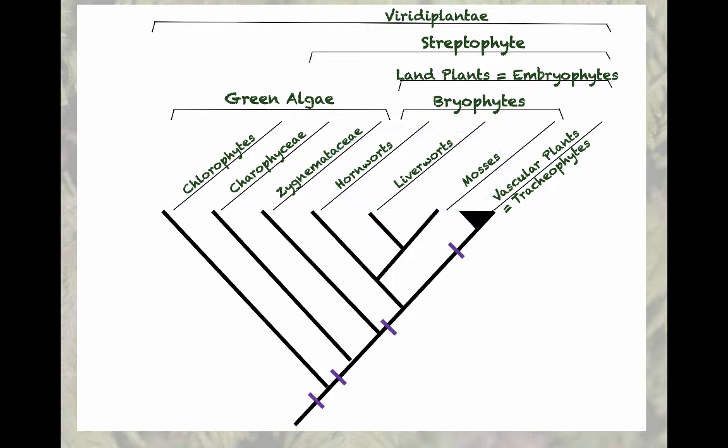For example, if we took a look at what kind of photosynthetic pigments these plants have, we find that chlorophyll A and B were in the ancestors, and they're present in this whole branch of the tree. Something that occurred with the charophytes, those ancestors of the land plants, is they developed an asymmetric sperm, and they passed that along to their descendants as well.